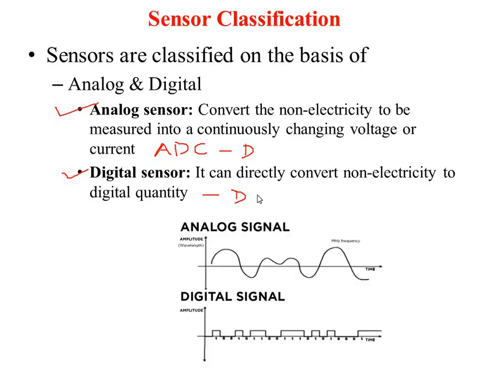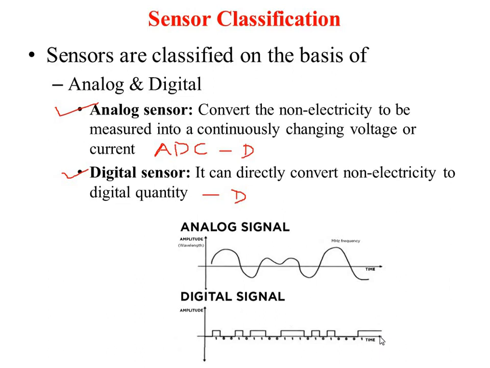You can see the outputs of analog and digital. The output depends on the quantity you have applied to the sensor, and that will generate a continuous signal, which you can call an analog signal. In the case of a digital sensor, you will get a direct 1 and 0, 1 and 0 type of pulses depending on the signal you are applying. So you will get a direct digital signal, and you can process these signals with the help of this.